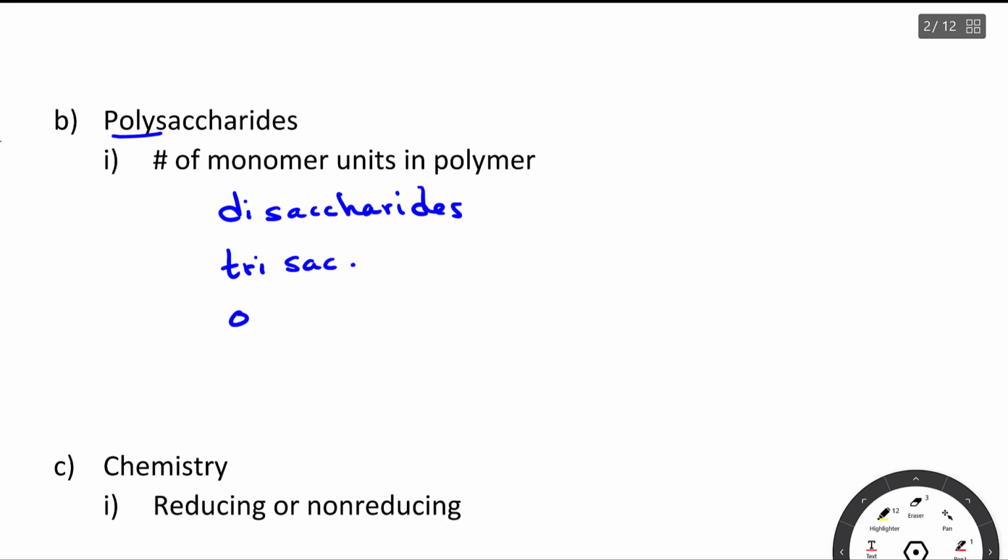And then there's oligosaccharides, which actually includes trisaccharides, but it's anything typically from 3 to 10 monomers put together, or residues. Sometimes they'll talk about residues. It's the number of units of the sugar that are put together.